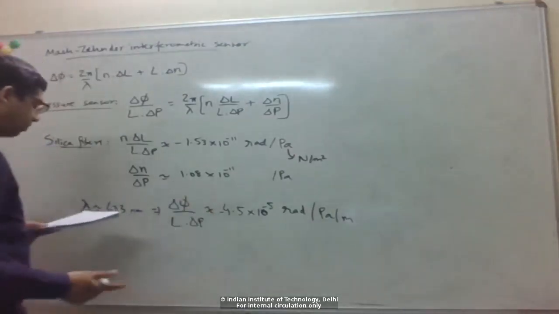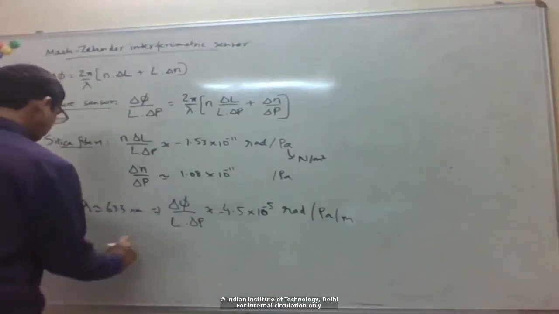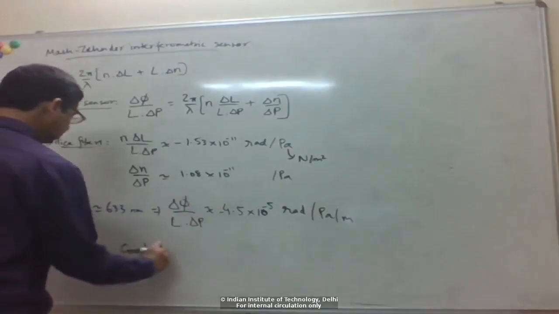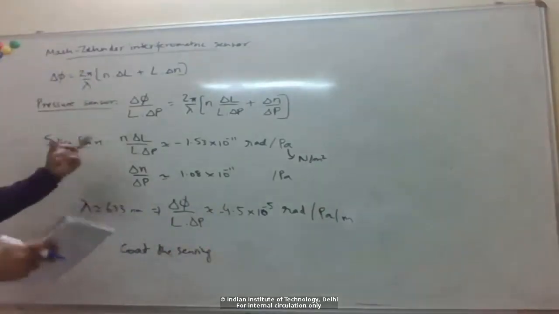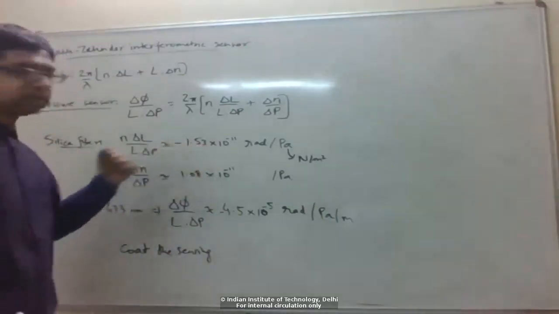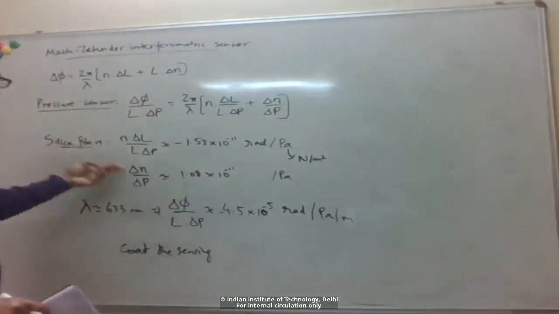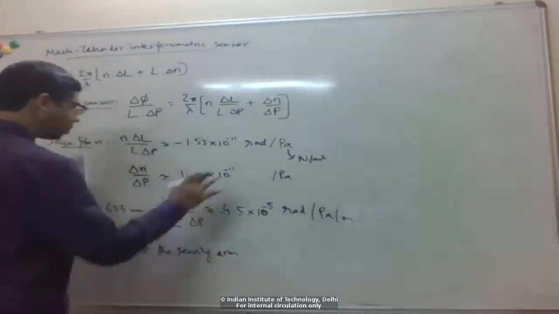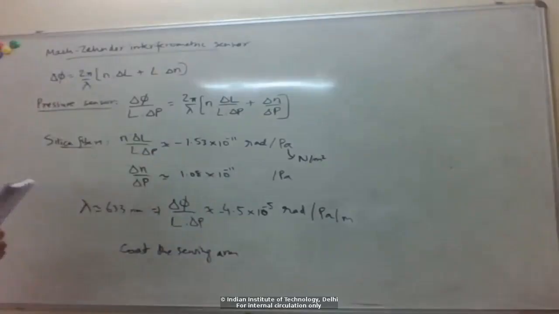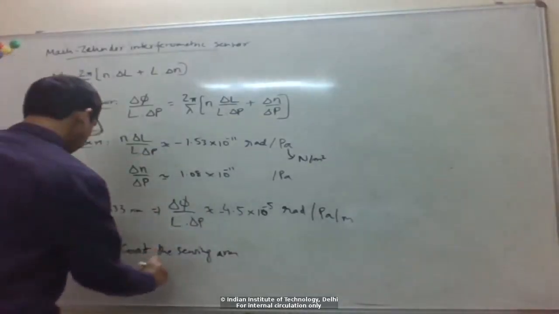So the sensitivity can be further enhanced if you coat the sensing arm with some material which responds so that these quantities are larger. Right? So this is for bare silica. So you can coat the sensing arm with some other material which responds stronger to pressure.